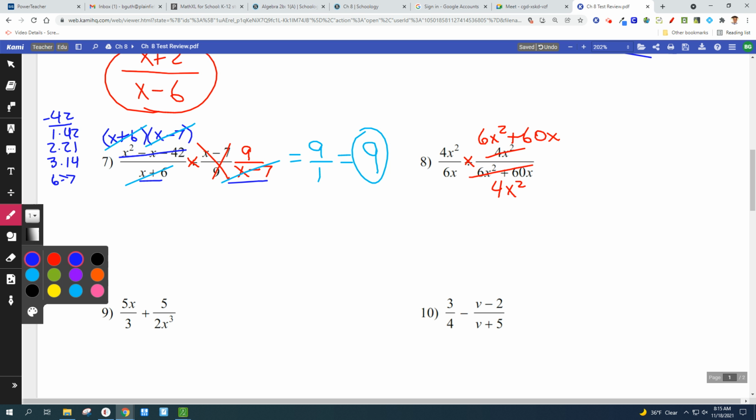I see a GCF on the top of 6x, and that's x plus 10. And then I can cancel out 4x squared with 4x squared, and I can cancel out 6x with 6x. All that's left is x plus 10 on the top. You could say x plus 10 over 1, I guess, but it's just x plus 10.